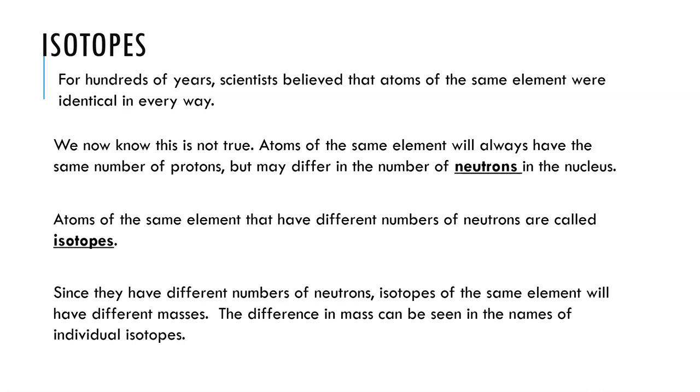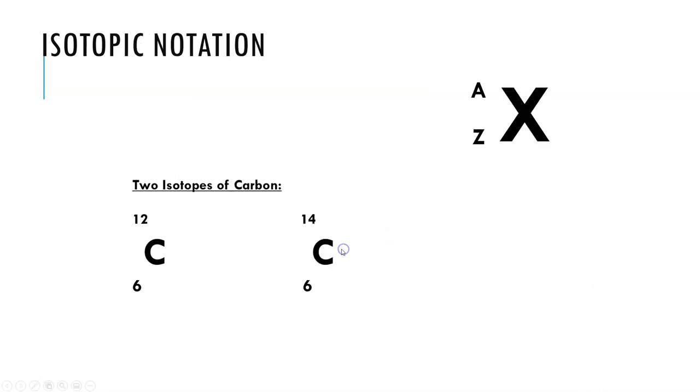When this occurs, when we have atoms of the same element that have different numbers of neutrons, those are called isotopes. Since neutrons contribute to the overall mass of an element, isotopes of the same element will contain the same number of protons, but will have different numbers of neutrons and thus different masses. And you can see that difference in mass by looking at the names of individual isotopes.